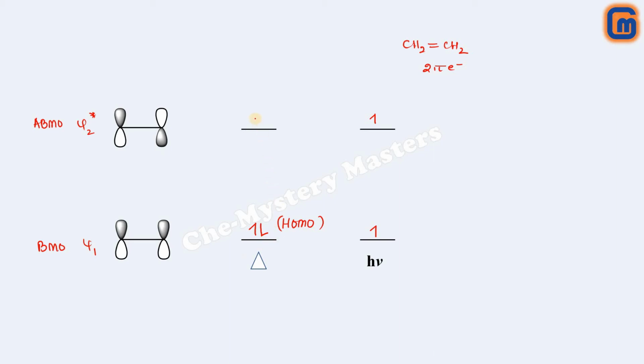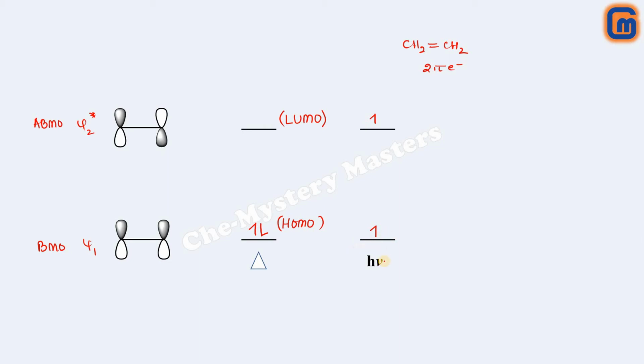However, psi2 star is considered to be the LUMO, that is the lowest unoccupied molecular orbital. That means that molecular orbital which doesn't have any electron in it and is present at the lowest energy level out of all those molecular orbitals which don't contain any electron. That picture of HOMO and LUMO would be very clear in coming examples also. So in thermal condition, psi1 will be the HOMO and psi2 star will be the LUMO.